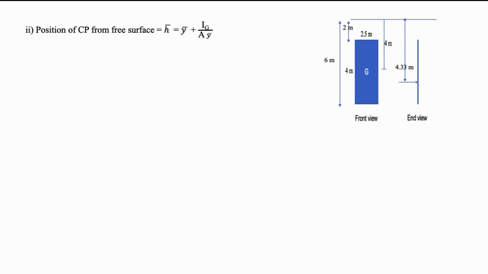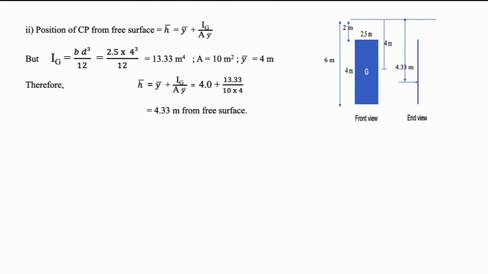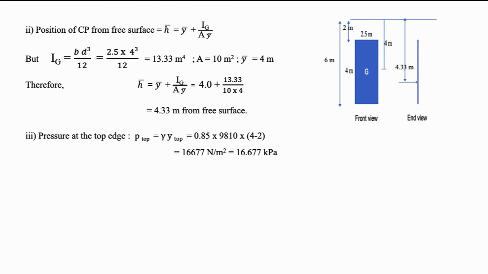Position of center of pressure from free surface, H bar, is equal to Y bar plus Ig by Ay bar. Ig is equal to BD cubed by 12. It comes to 13.33 meters to the power of 4. Substituting these values, we get H bar as 4.33 meters from free surface. Pressure at the top edge is equal to gamma into Y top.